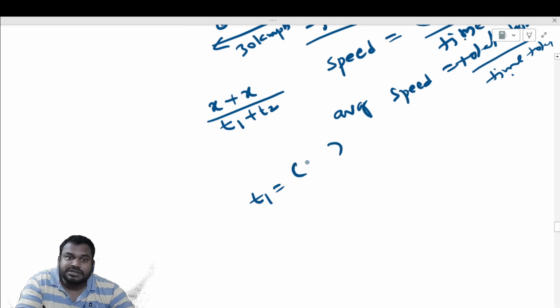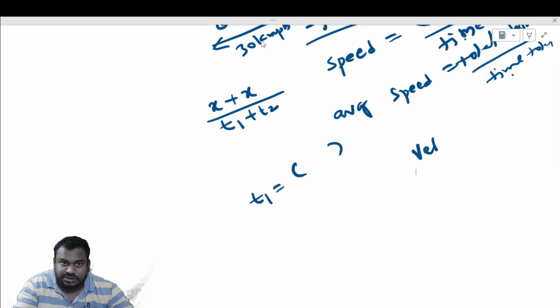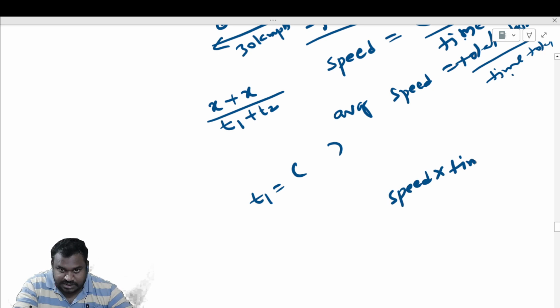For time, one more formula is there: velocity or speed into time equals distance. Even velocity into time is distance when the direction is considered, but forget about velocity. Speed into time is distance.